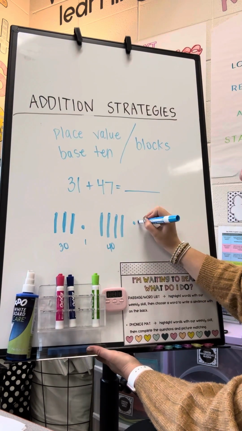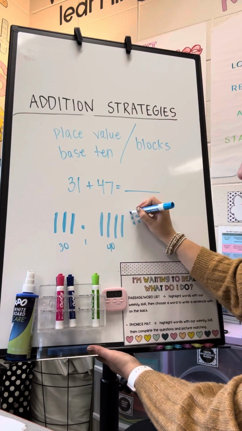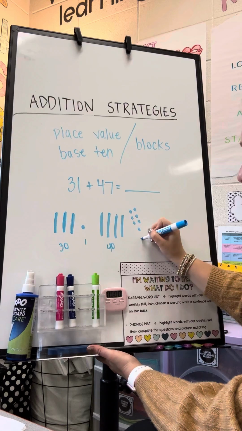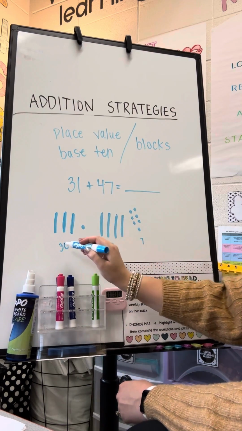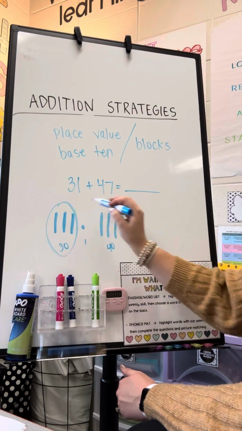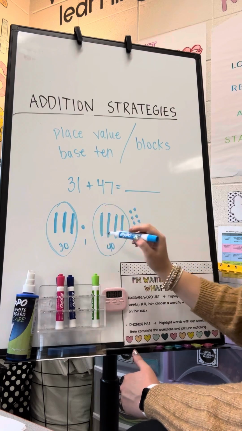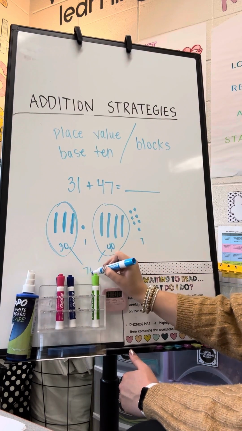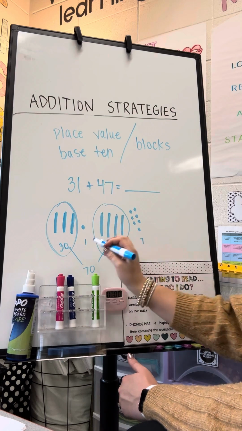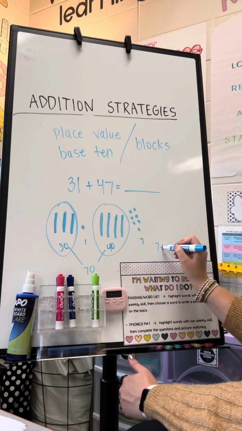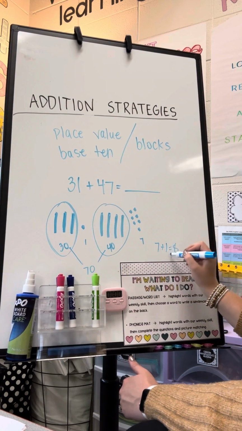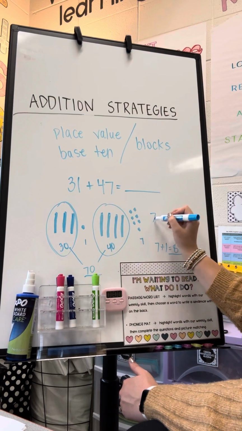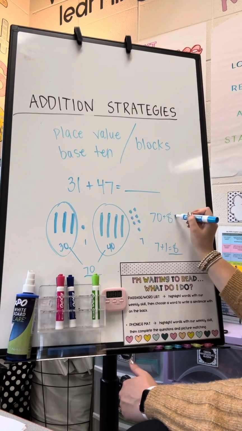And then I have my 7 ones. And we encourage them to look at your place value, 30 and 40, and that is going to give me 70. And then I have 7 and 1, and I know 7 and 1 makes 8. So then I have 70 and 8.